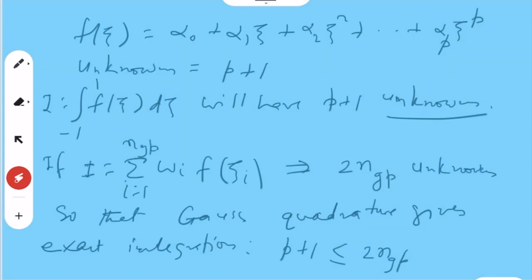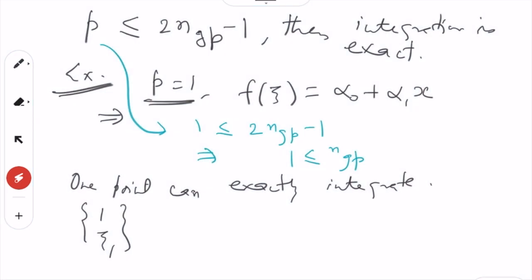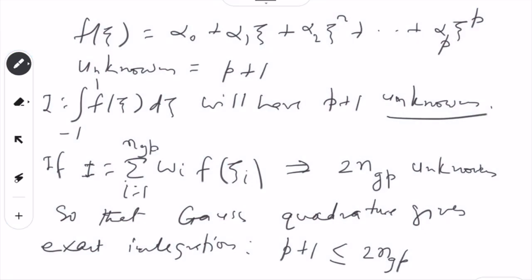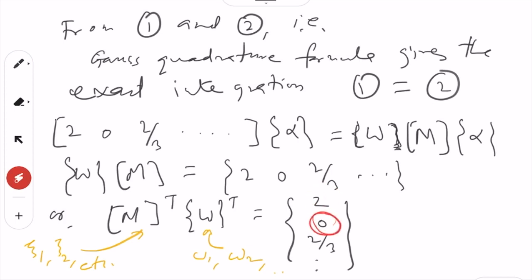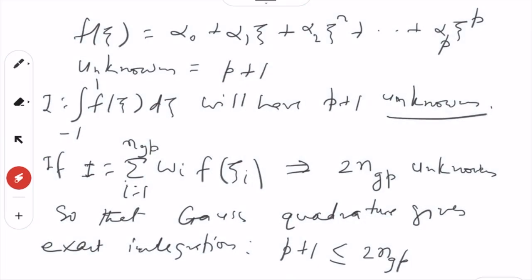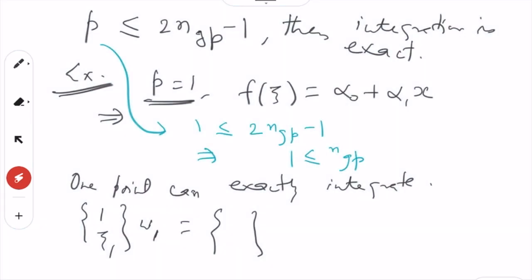So accordingly we can write this W1 is equal to, and what is here, equal to 2 and 0.